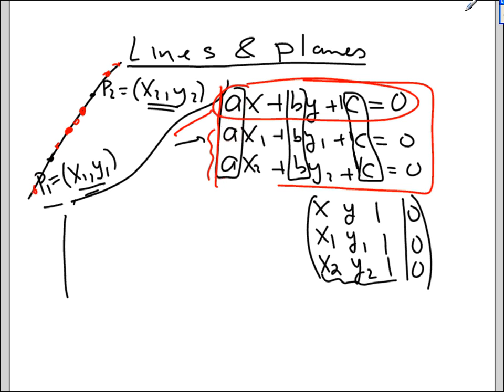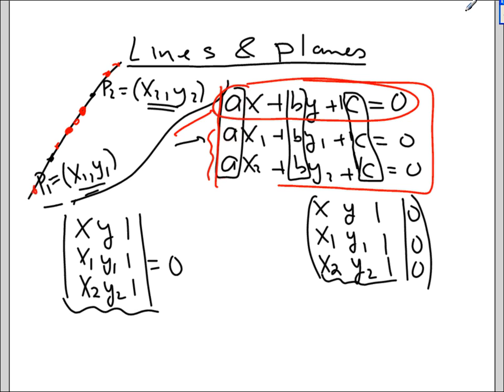We want this determinant, x, y, 1, x1, y1, 1, x2, y2, 1, to be 0. In fact, this is the equation of the line.